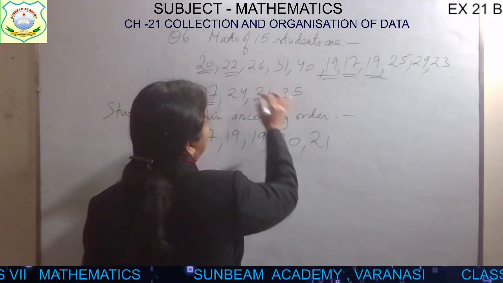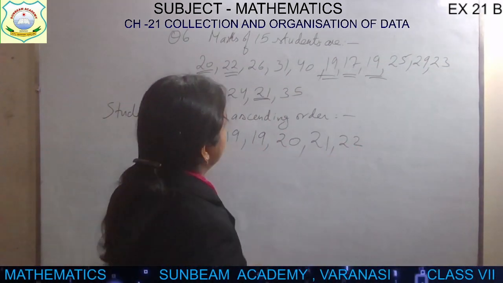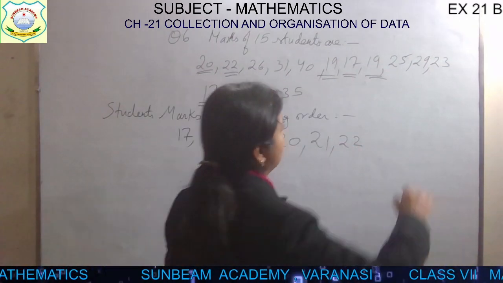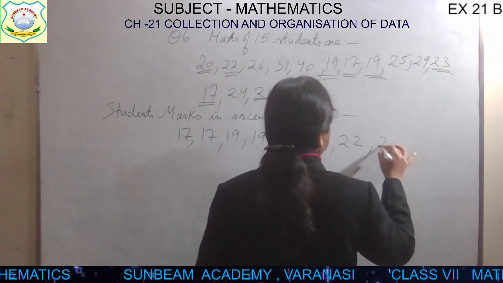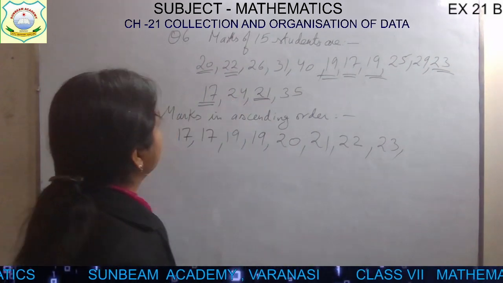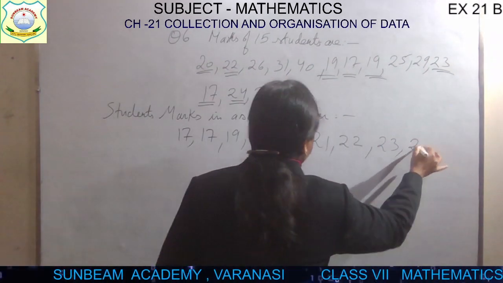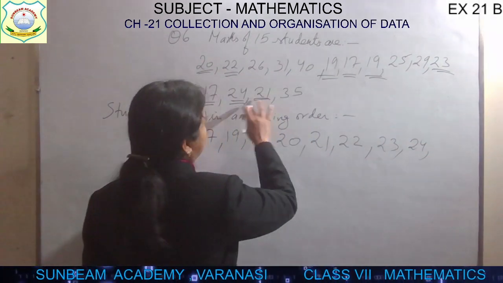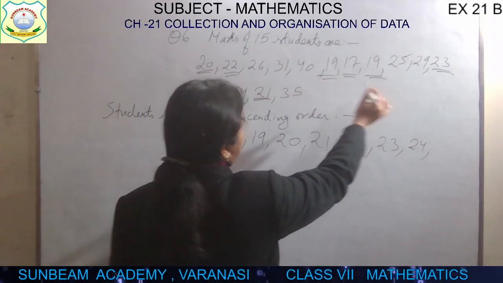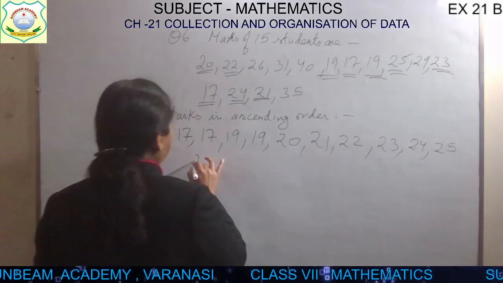Then 22, okay, 22 भी एक ही बार है बेटा. Then 23, it also comes one time. 23 के बाद it is 24, and after 24, 25, yes 25 is there, and then 26.